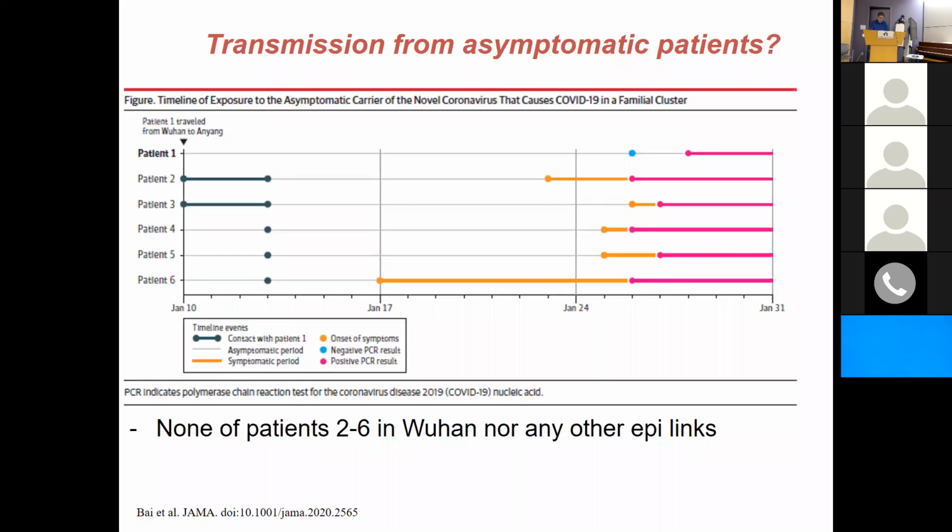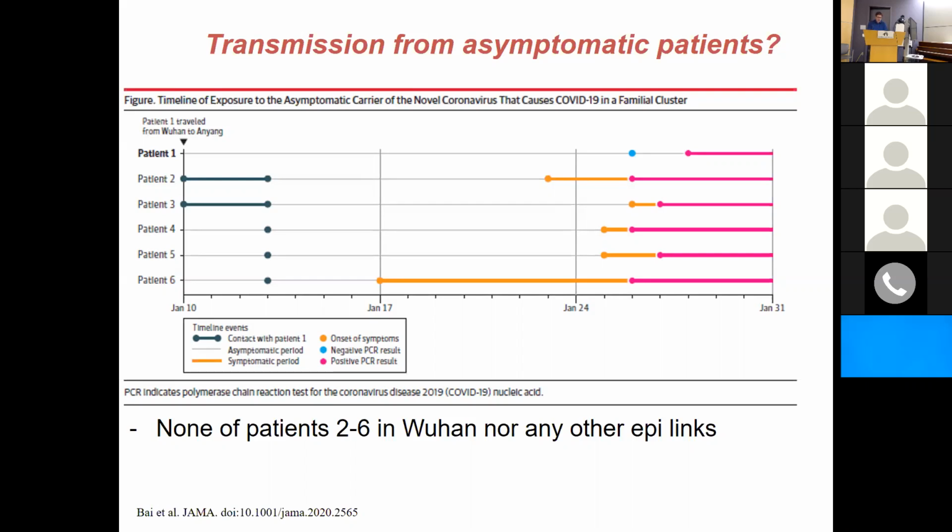So again, patient 1 is your index patient, entirely asymptomatic, never developed symptoms. And then you have patients 2 and 3 that had contact between January 10 and January 13, and then developed symptoms later in the month, within the 14-day range that we currently assume.